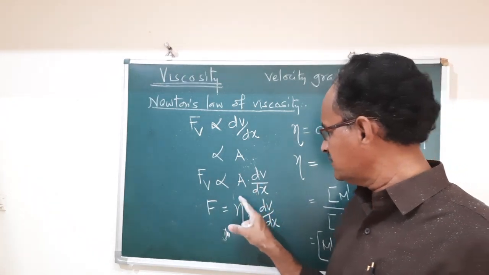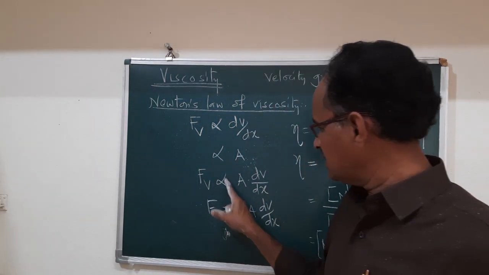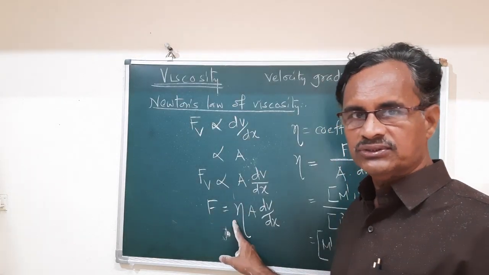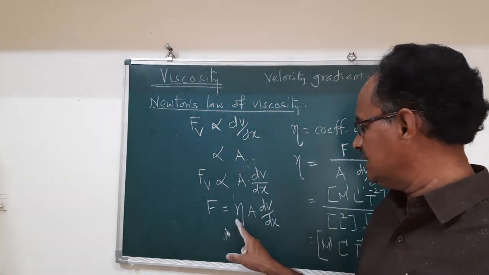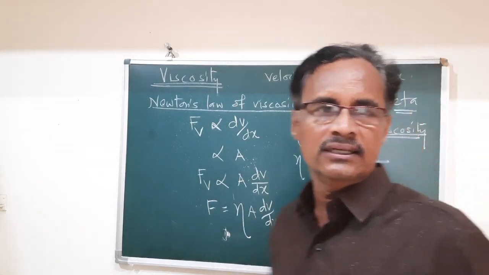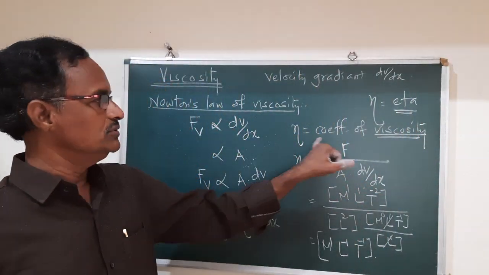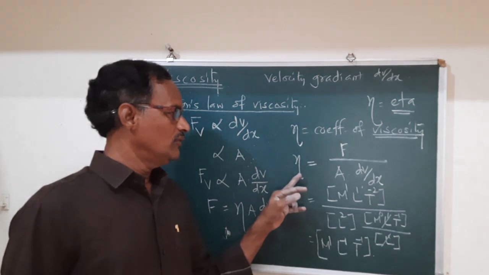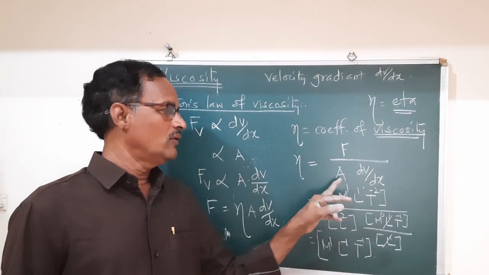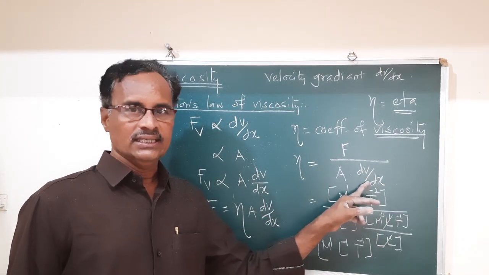By simplifying this, there is a proportionality constant eta, the coefficient of viscosity. Therefore F is equal to eta A into dV by dx. Rearranging this equation for eta, eta is equal to F upon A into dV by dx.